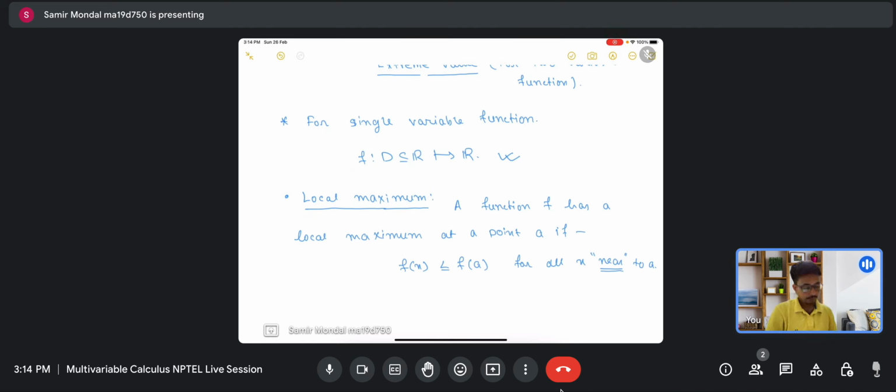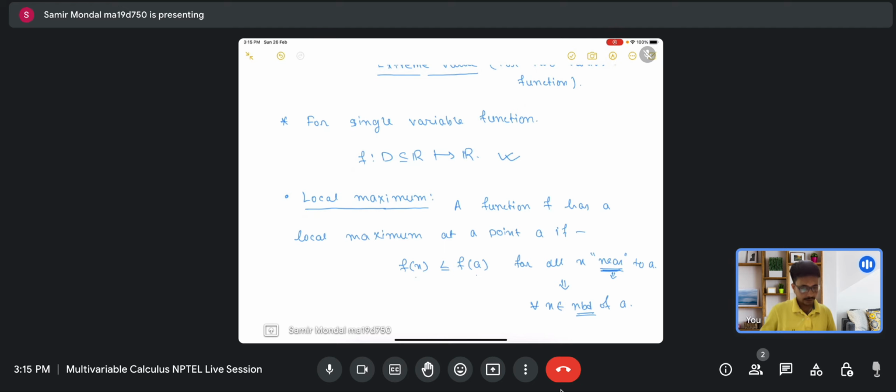Basically this term represents a neighborhood of A, meaning f of x is less than or equal to f of a for all x belonging to a neighborhood of A. This near is represented by the neighborhood of A.